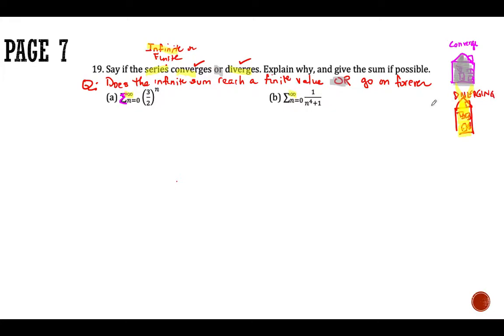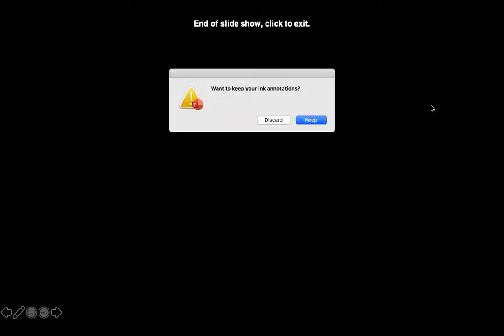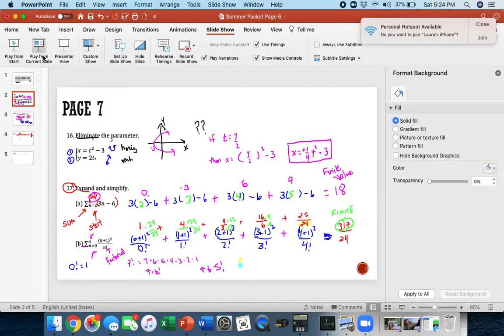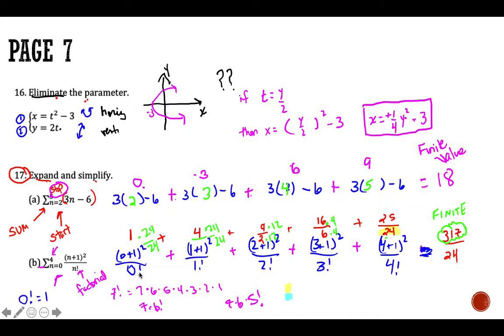So the easiest diverging, bust-out-of-the-house situation is like a linear function, like this one back here. I know I stopped this at 5, but pretend I didn't stop it at 5.